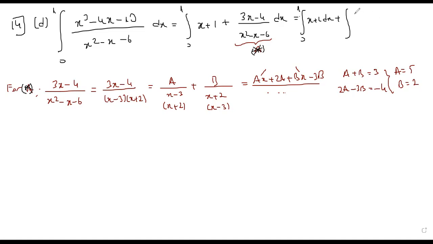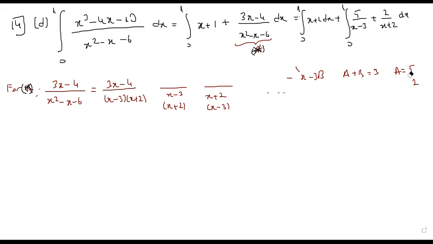So it is equal to 5 over x minus 3, and b is equal to 2, so it's equal to 2 over x plus 2 dx from 0 to 1, right? Now, what do we get? This one's integral is x squared over 2 plus x from 0 to 1 plus this is 5 ln of x minus 3.